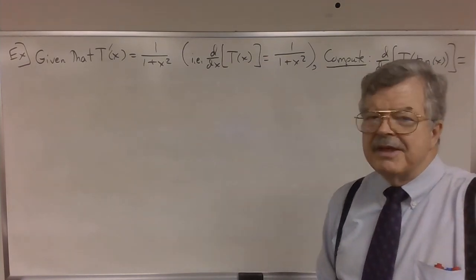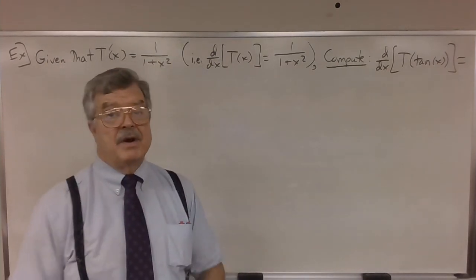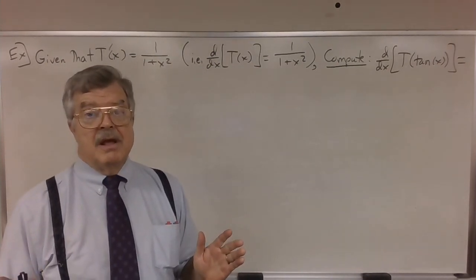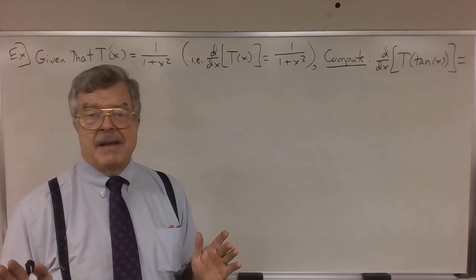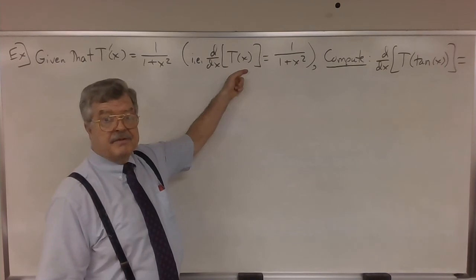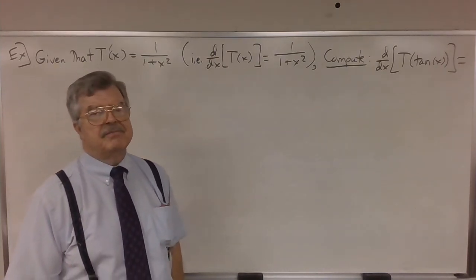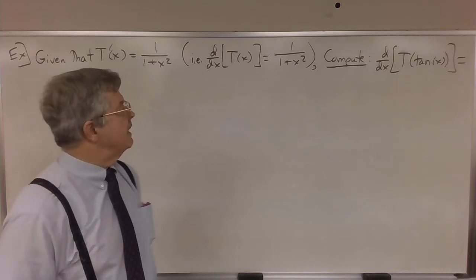Now, one thing that makes this kind of an unusual exercise is that we're not told how the function capital T is defined. We're told what the derivative of capital T is, but we're not told what capital T of x is. Doesn't matter.